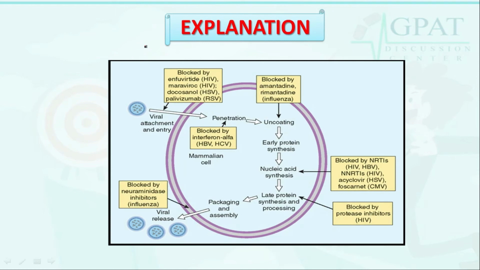So here we have just a schematic diagram where it blocks the entry. This is a fusion inhibitor, enfuvirtide, and there are various drugs, maraviroc, pembrolizumab, which are used as fusion inhibitors, where it can't fuse.